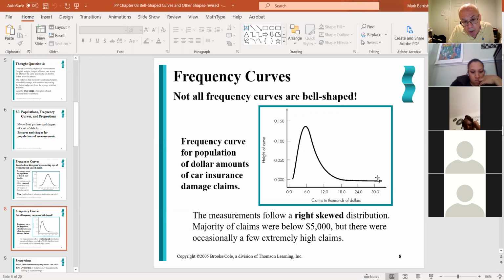So these are more like higher outliers out here. And that means that the mean is going to be bigger than the median. This is the right skew. This is the distribution I was telling you about before, but now you can see what it looks like.